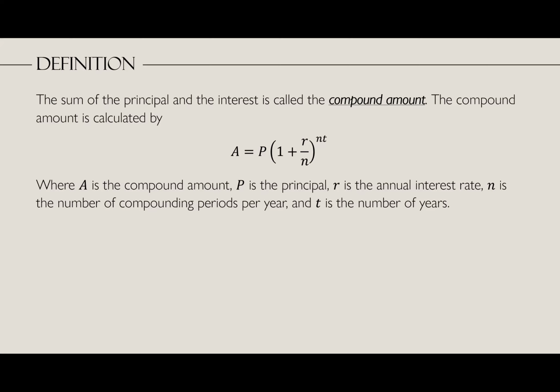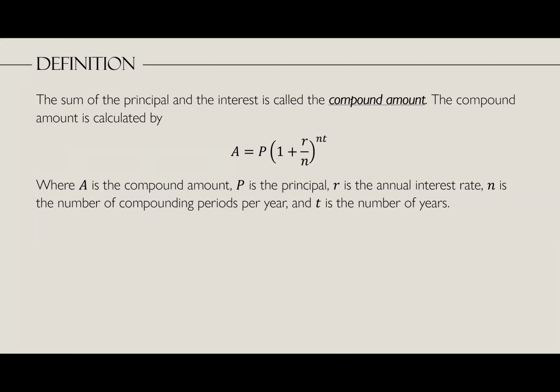So here A is the compound amount. Remember, we used similar notation before. A is equal to the principal P times, in parentheses, 1 plus the interest rate R divided by n, the compounding period, all to the power of nt. So we have this formula.